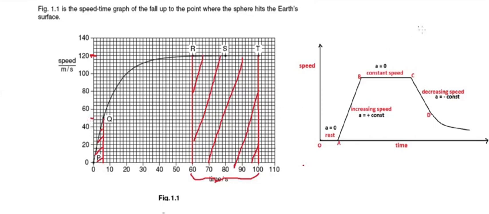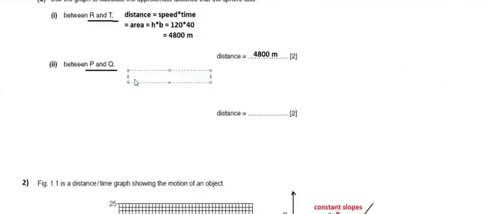So we will write down over here, the distance is what? Distance is the average speed multiplied by the time. That is nothing but the area, and this is equal to the area of the triangle, half multiplied by base into height.